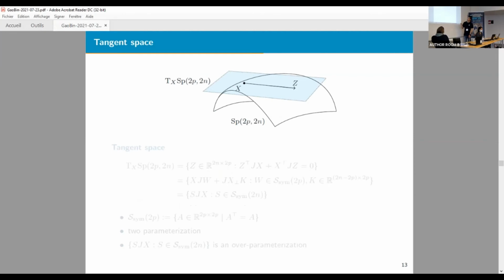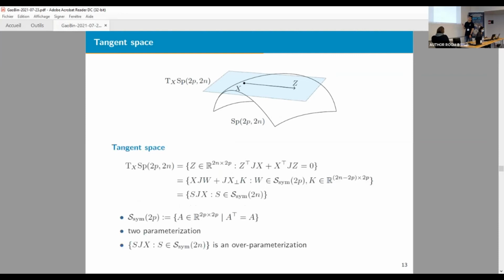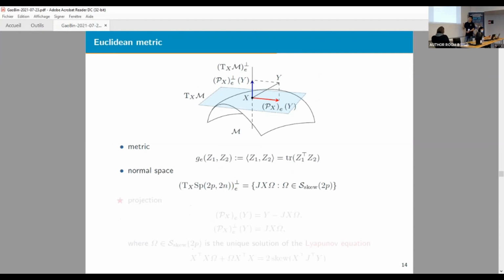First, this is the standard derivation. We have the manifold, and we can compute its tangent space, and we have different formulations. The first one is like the decomposition form, and the second one is another formulation. That's for the tangent space. When we have the tangent space, we can equip this manifold with a metric.